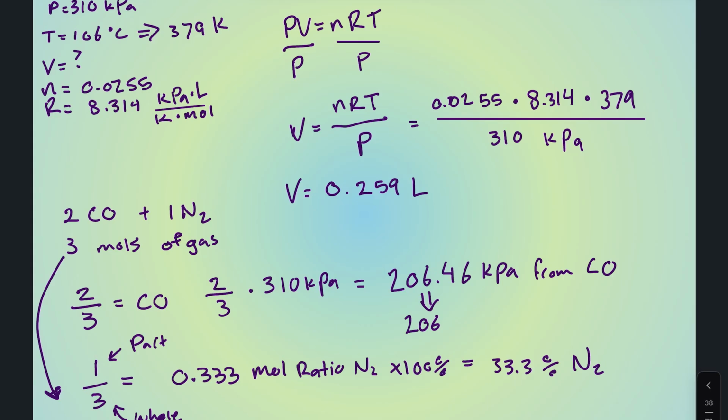Okay, so that's how we would answer that one. It's a bit hefty. There's a lot of things we have to plug in and change around. I also used an R value that we haven't used before, but this is how that one would be completed.